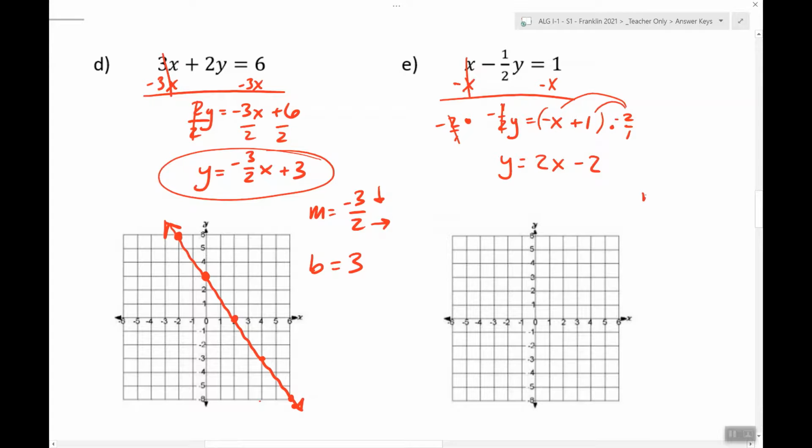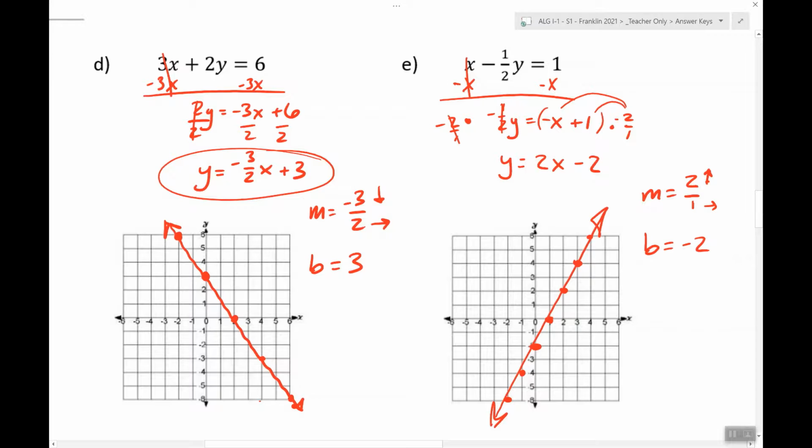So our slope is positive 2 over 1, so up 2, right 1. And then b, our y-intercept, is negative 2. So we'll go down 2 and then up 2 over 1. And down 2, left 1 is the opposite from the original point. And there's your nice straight line, just like that.